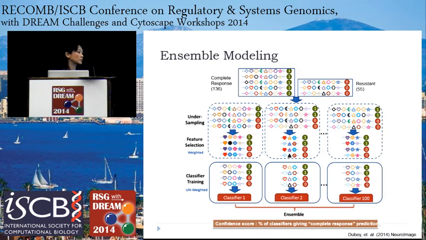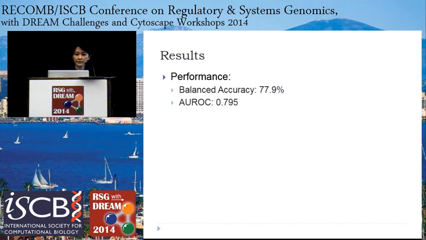The confidence score is simply the percentage of those models giving a complete response prediction. The performance of this approach has a balanced accuracy of about 78% and an area under the ROC curve of about 0.8.